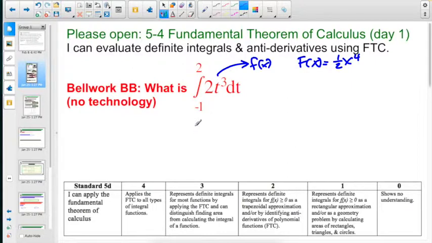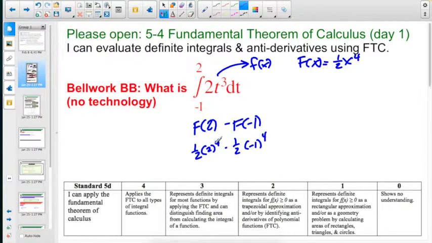So to evaluate this, we're going to evaluate the antiderivative at 2 and subtract the value of the antiderivative at -1. So the antiderivative at 2 is 1/2 times 2 to the fourth, minus 1/2 times -1 to the fourth.